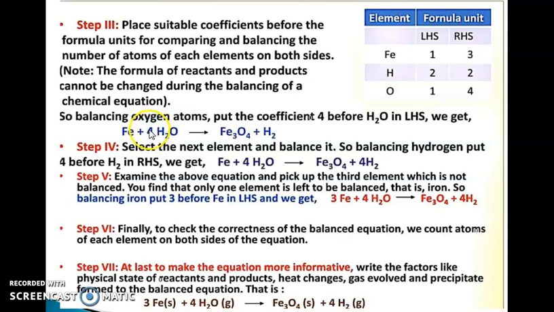This numeric coefficient will not be written in subscripted form. It is always written just behind the chemical formula of any compound or element. So after putting 4 here, you will see Fe is 1 and on the product side Fe is 3.